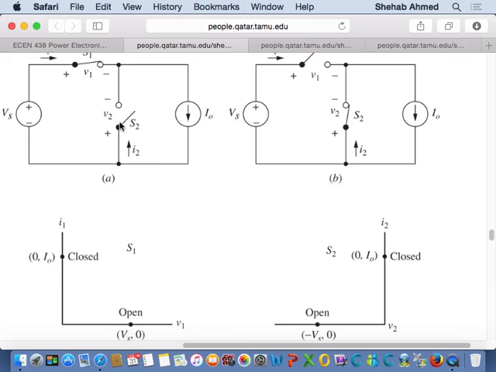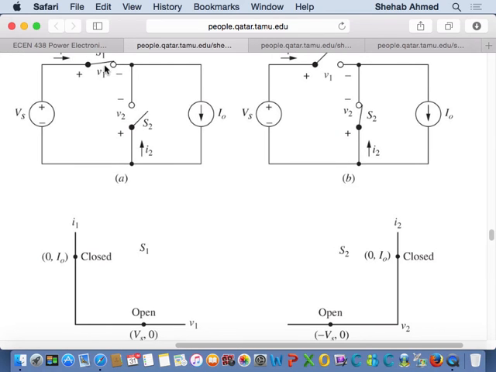And then for S2, you go through the same thing. For S2, this is the voltage and current polarity. S2 will conduct positive I2 current when it's closed. How about when it's open? What's the voltage polarity across it? When this is open, this is shorted. So this node is exactly this node, and this node is exactly this node.